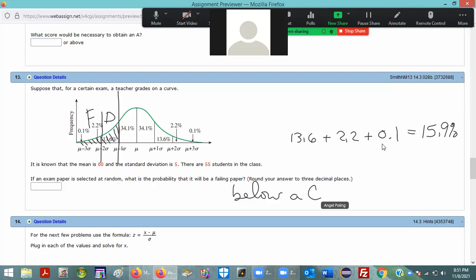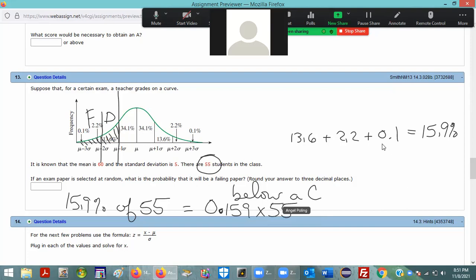And that is 15.9% of 55 students, which is 0.159 times 55. That gives me 8.745 students, which I would round to 9, right?